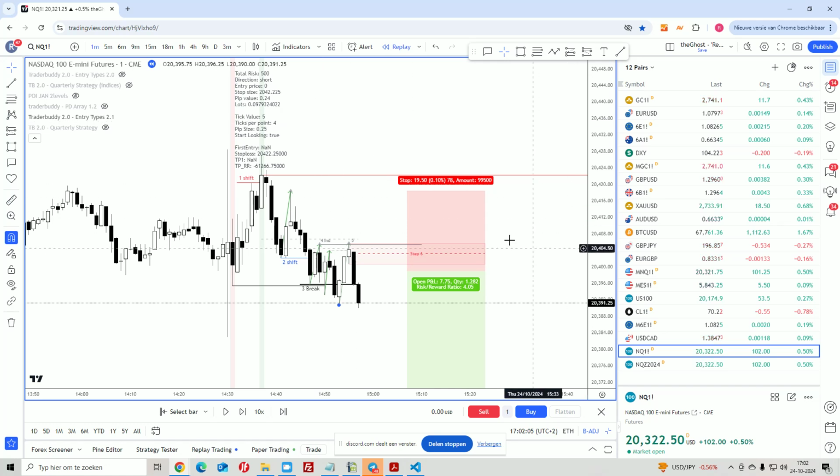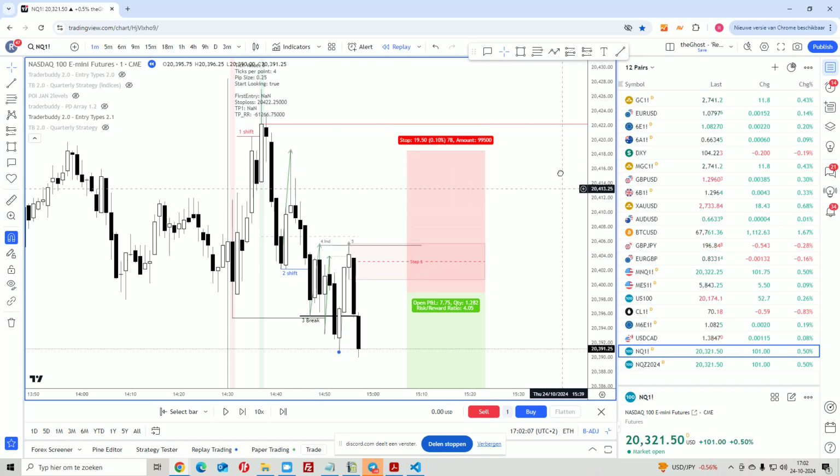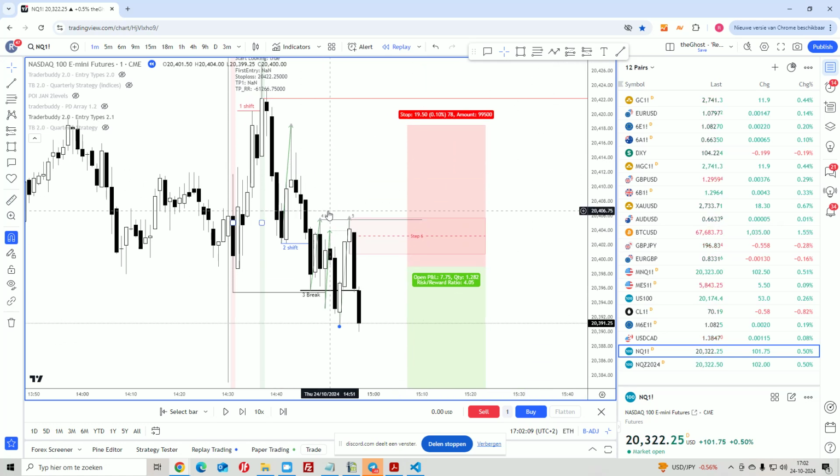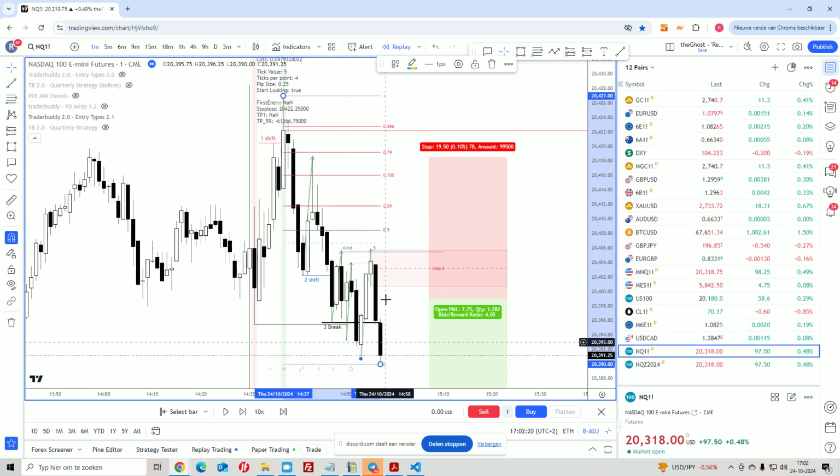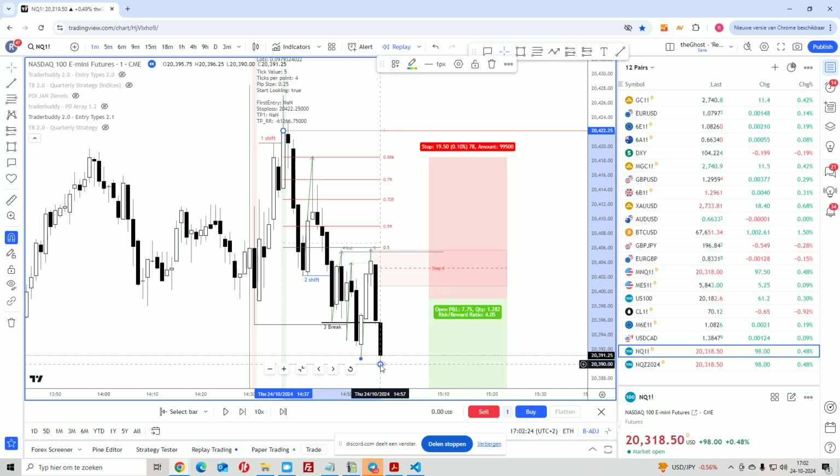We don't have an entry yet until here, because you see this dashed line here, that's the 50% retracement from this high to this low. Sorry, the close and this close. Yes, that's the 50%.